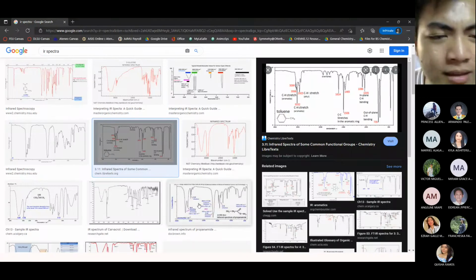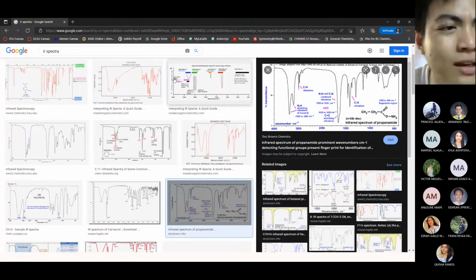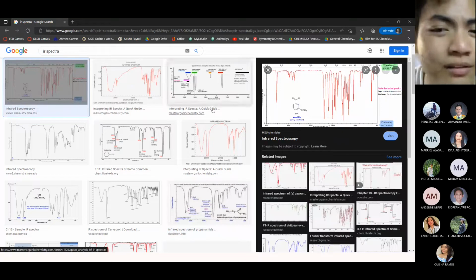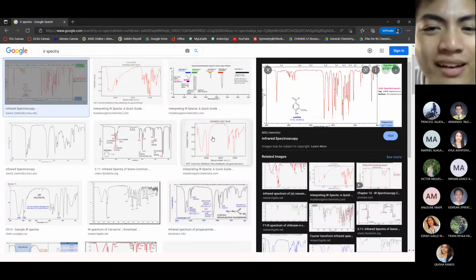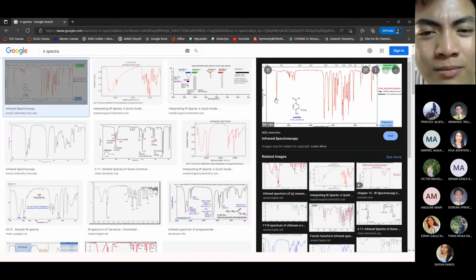As chemists, we need to memorize this, and till now I still remember. For example, this is the sp3 hybridized carbon-hydrogen bond. These are the aromatics here. This is the carbon-oxygen bond somewhere here.